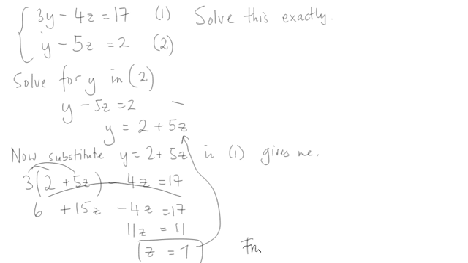So from equation 2, we now get the solution to y, which is y equals 2 plus 5 times 1, which is 7. So the solution is y equals 7, z equals 1.